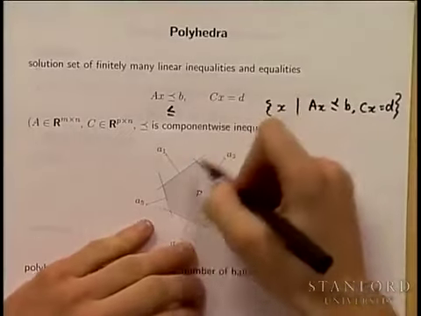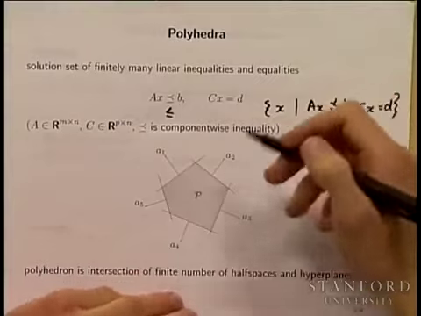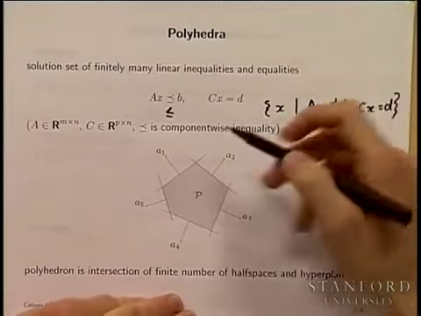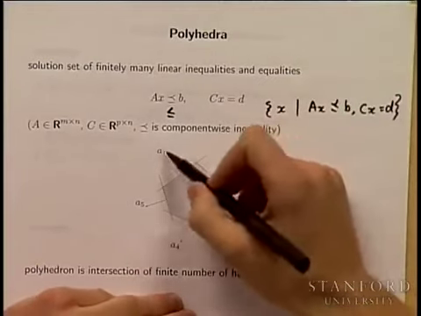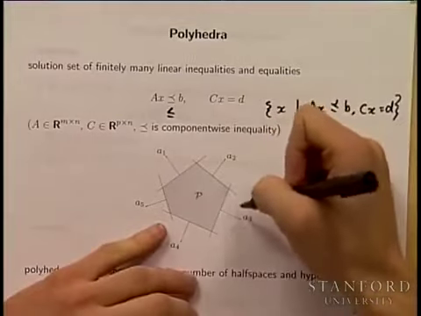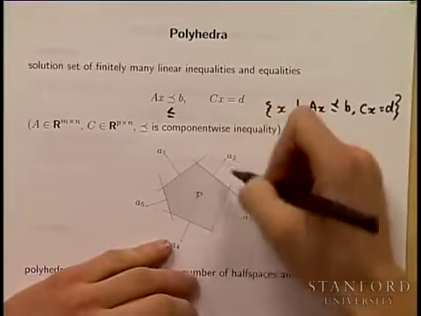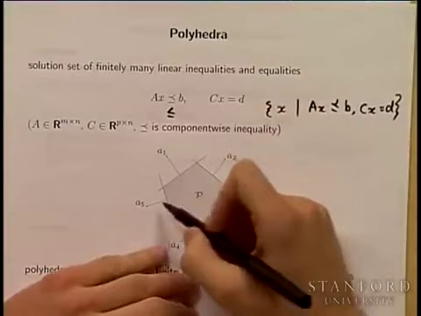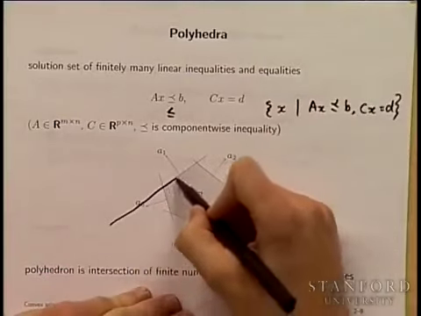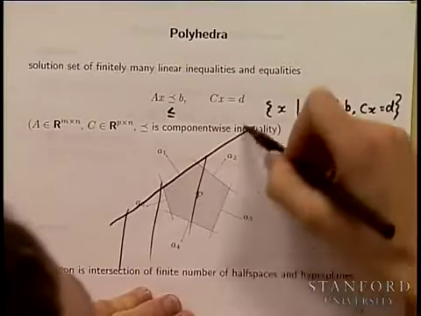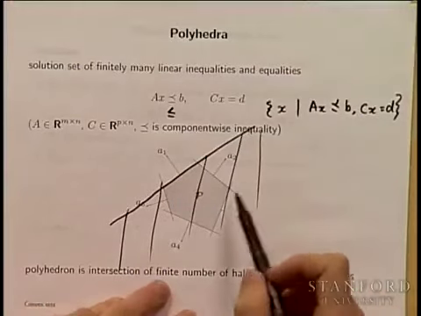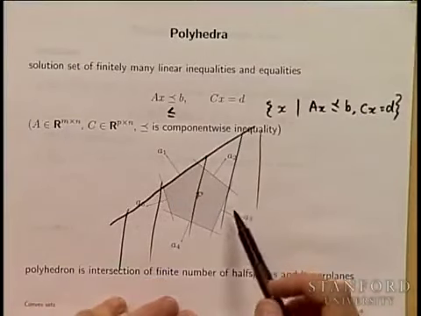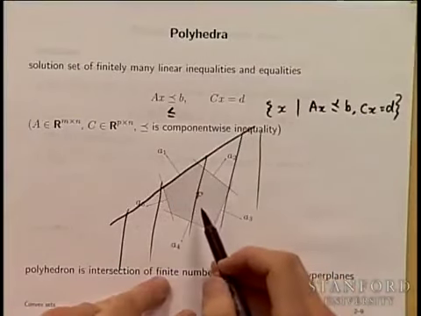So this is one example of a polyhedron here. This is an intersection of a finite number of half spaces and hyperplanes, and so in this particular case we've got 5 half spaces defined by these normal vectors A1 through A5. And you can think of this here as A1 as the half space defined by A1. So if you find the intersection of these 5, you'll discover that it's this shape here.